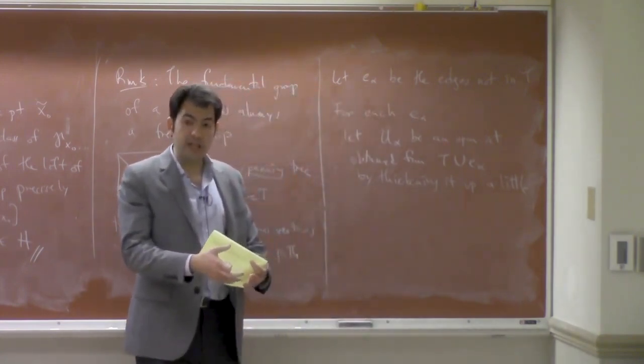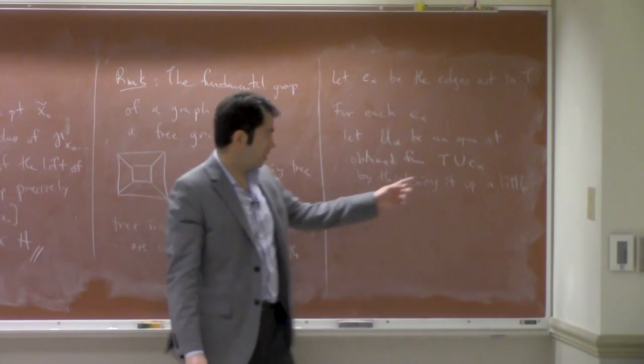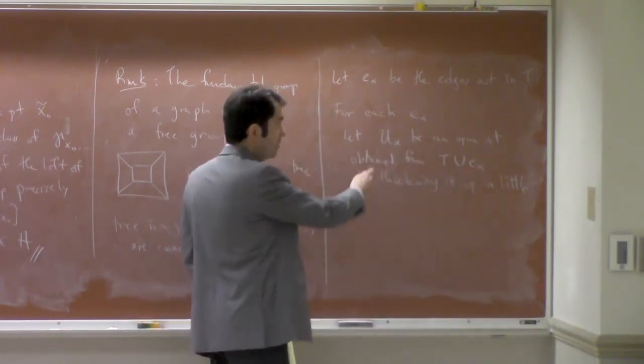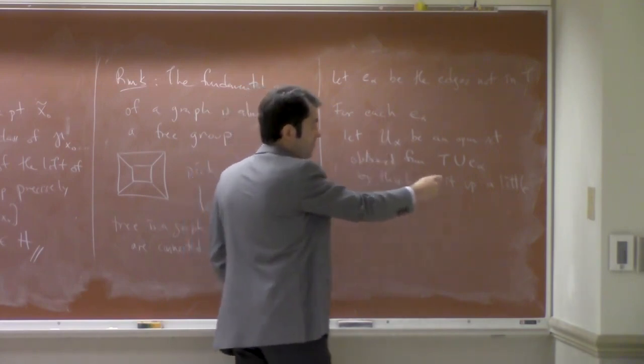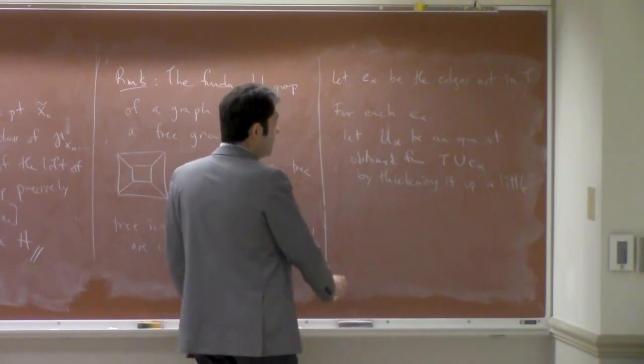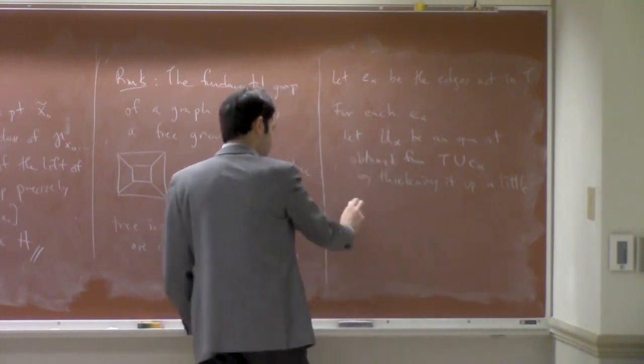You don't want to include any other edges except the ones that are in T union E alpha. Right? So then you're guaranteed that this open set has this subset as a deformation retract. Then apply Van Kampen.